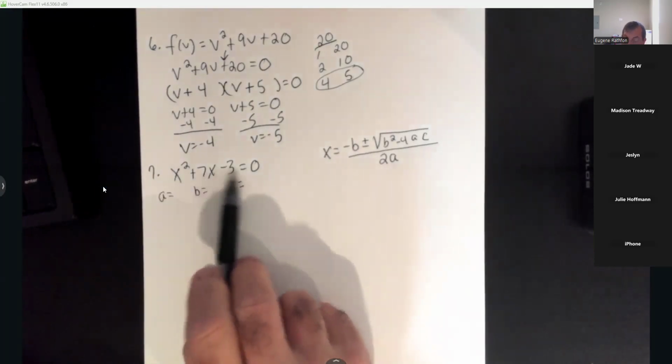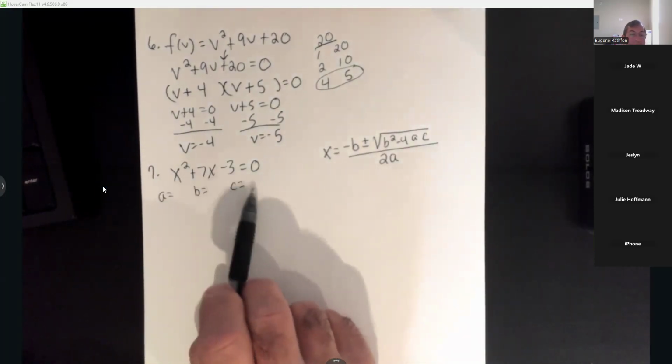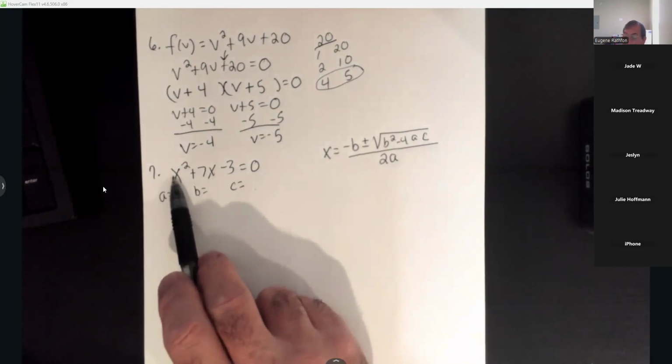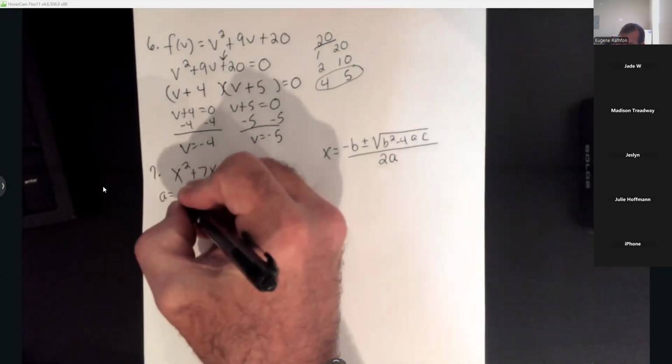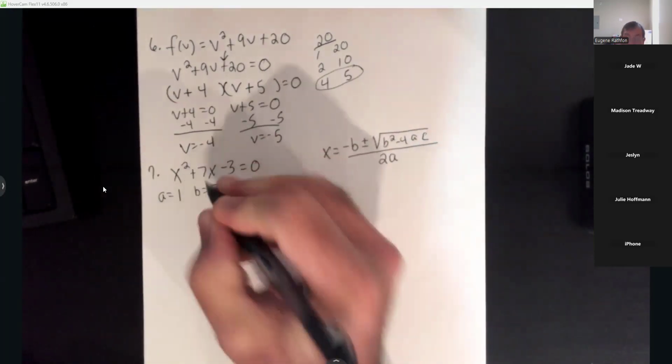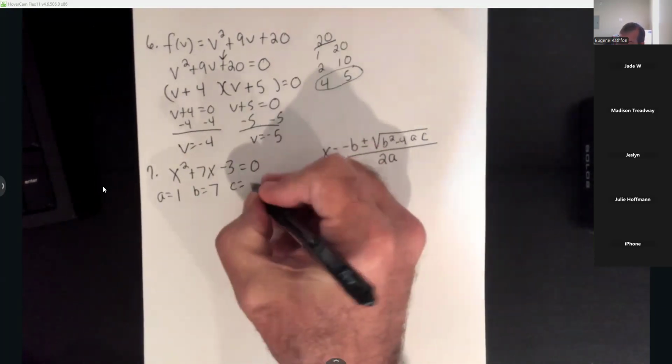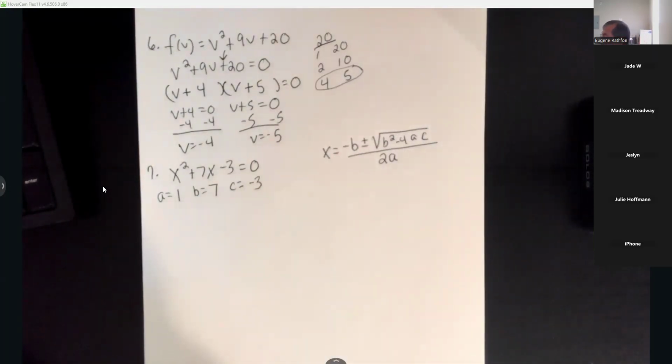So a, b, and c are the numbers in front of the variables, and then the constant term is always c. So no number here, that'd be 1x squared, 7 for b, and then c would be a -3.